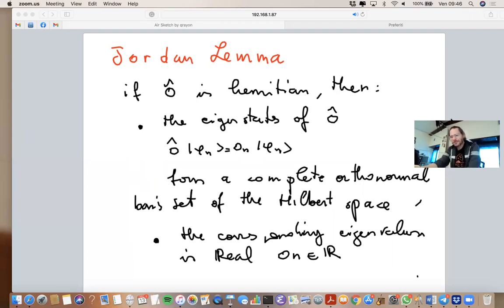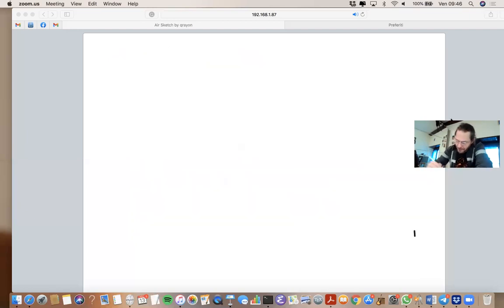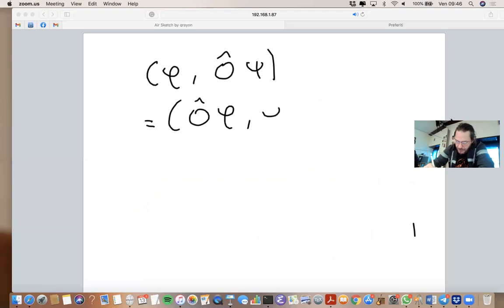So this explains why the Dirac notation is slightly different from the standard notation. So remember, in the standard notation that you use in mathematics, a Hermitian operator would be represented by this property. This is the standard notation.